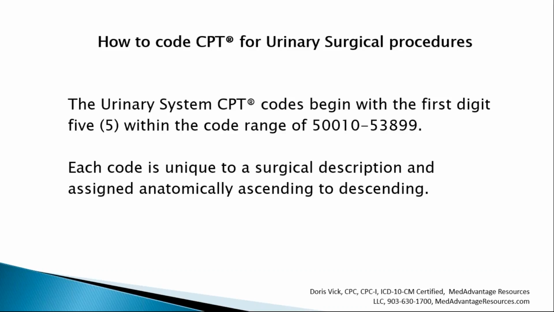The urinary system CPT codes begin with the first digit of 5 within the code range of 50010 through 53899. Each code is unique to a surgical description and assigned anatomically in ascending to descending order. Pause the recording. Look at the pages within the urinary system in your CPT book that you have there with you.